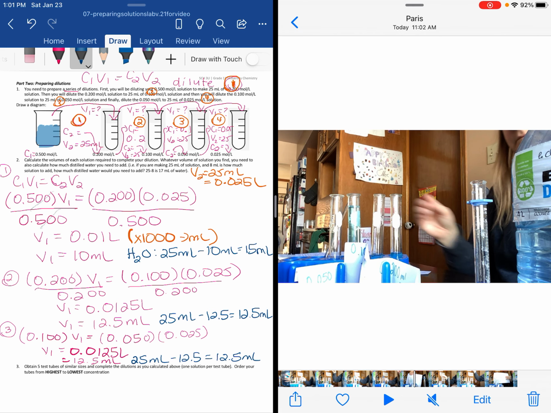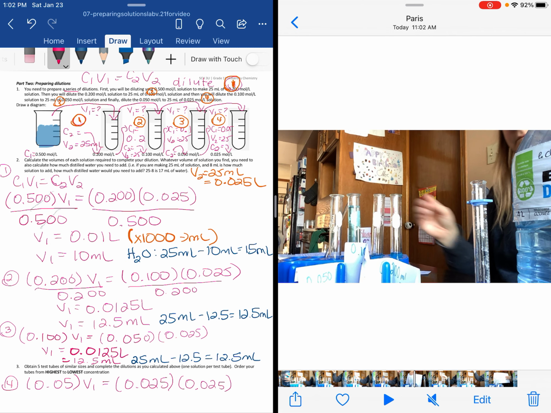Okay, last one. Our final dilution, we're taking the 0.05 and halving it again to 0.025. Sometimes this messes students up as well because the volume and the concentration are the same, but that's okay.